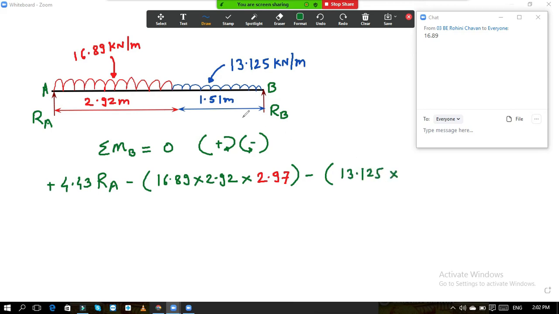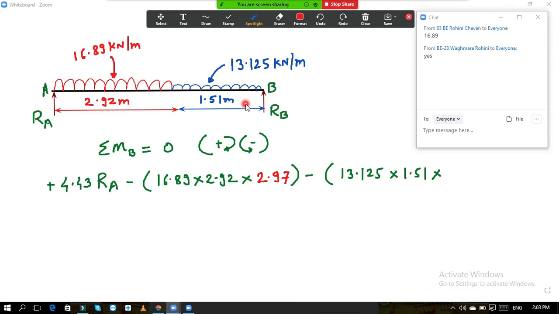Next UDL, 13.125. What is the span of the UDL? It is 1.51. So multiply it by 1.51. This is the conversion of UDL into the point load, and that load will act at the center of 1.51. So what is the distance from point B? The distance from point B will be 1.51 divided by 2.